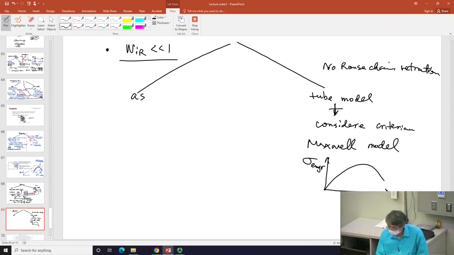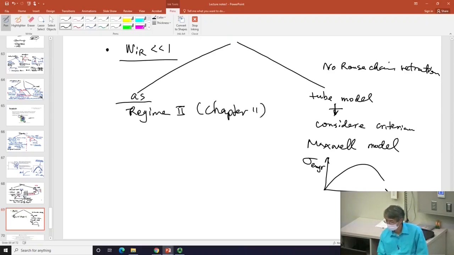Yet we know typically this is almost like a regime 2. The sample still fails. So this is all discussed in chapter 11 in some detail, actually.